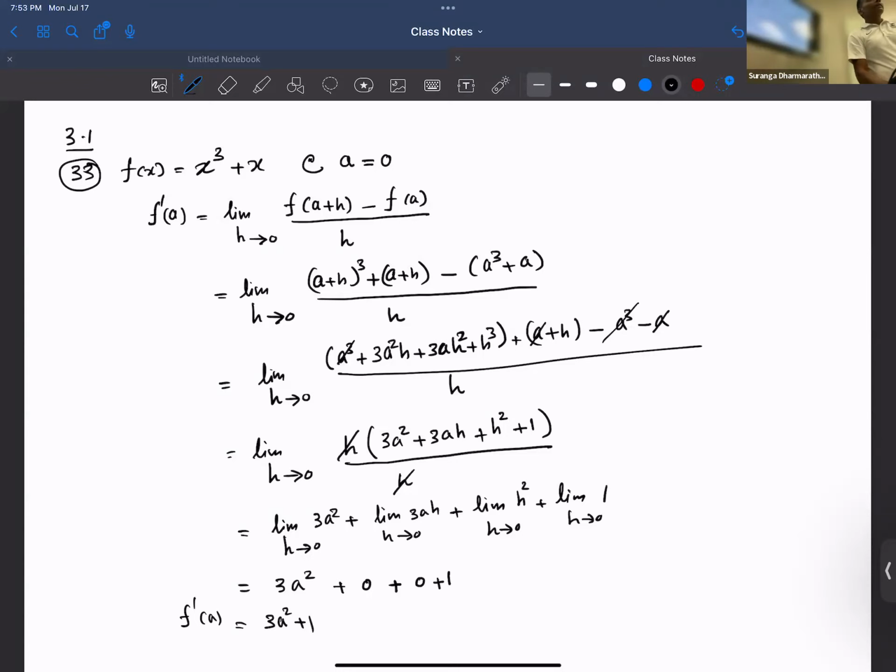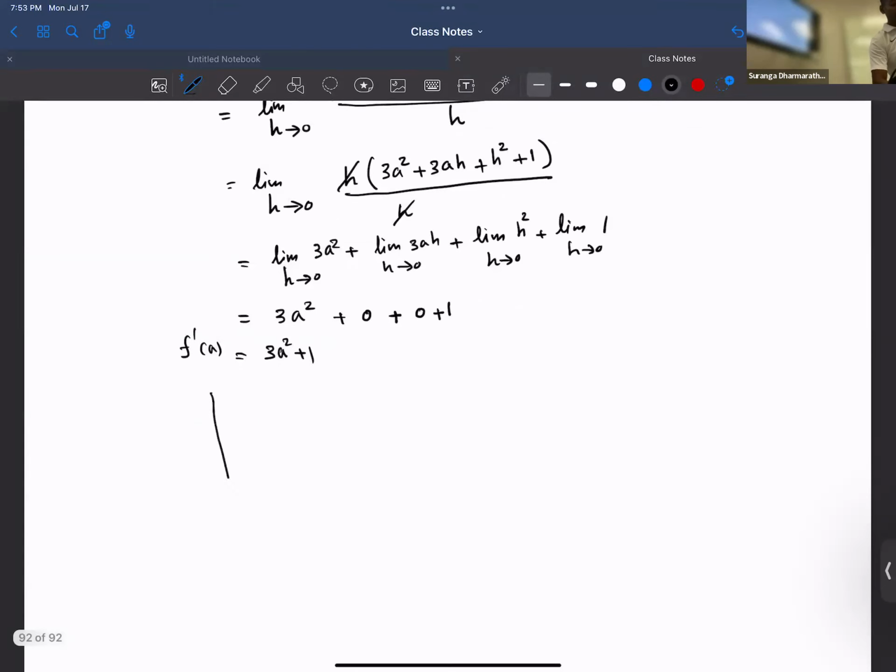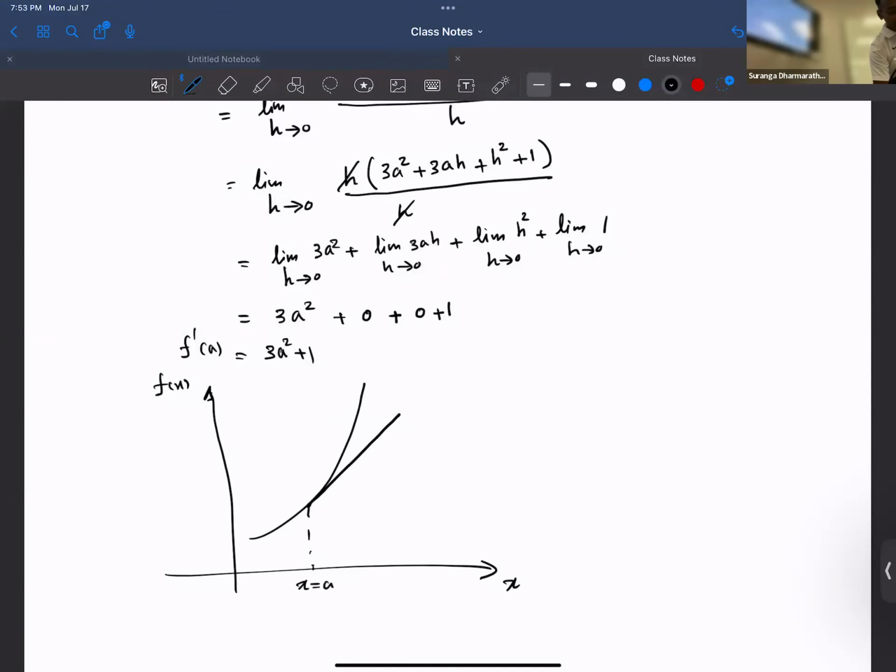Now we want to find the equation of the tangent, right? So how do you find the equation of the tangent? It is so easy if you know this graph. You have f of x, and this is x. Let's say the graph is like that, right? So you know the slope of the tangent. What is the slope of the tangent at x equals a? At x equals a, what is the slope? 3.